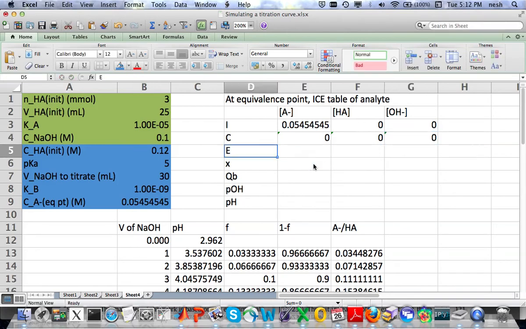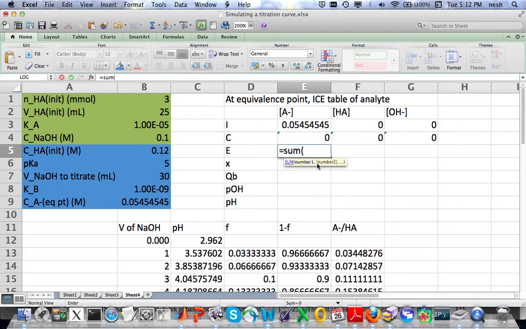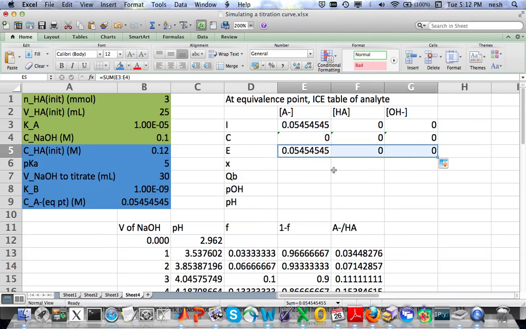Okay, and for the equilibrium values, I'm going to do that same sum thing that I did last time, the sum of those two quantities, and drag that over. Now you know what to put in for QB, if you like. Why don't you give that a shot? Okay, here's what I think I should do.